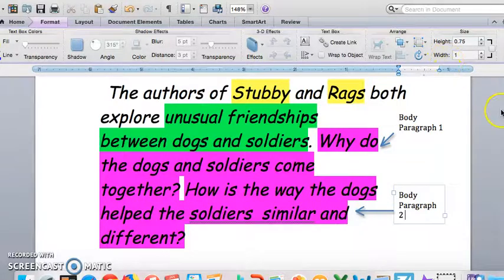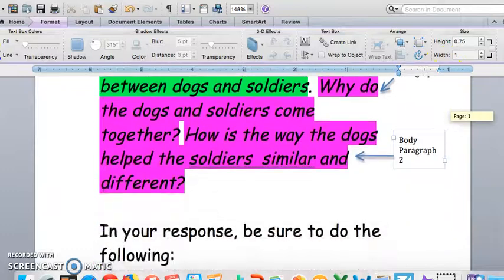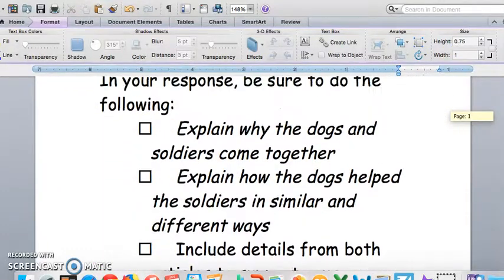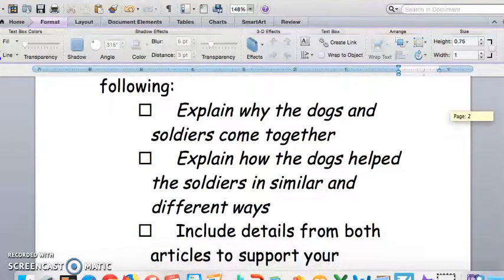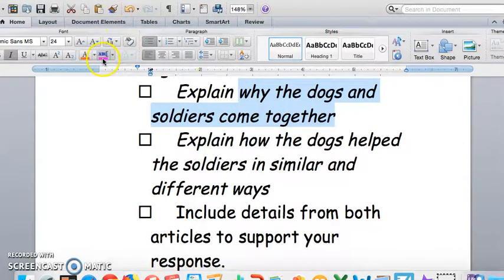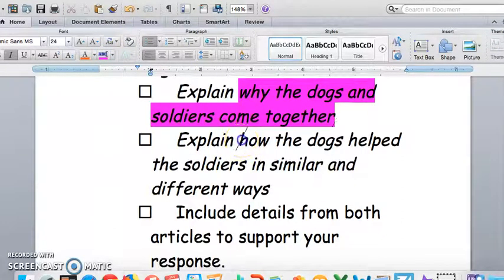All right, let's move down into this extended response. And now we get our success criteria. Basically, this is exactly what I'm going to have to do in the writing. I'm going to have to first explain why the dogs and the soldiers come together. And I'm going to have to explain how the dogs help the soldiers in similar and different ways.